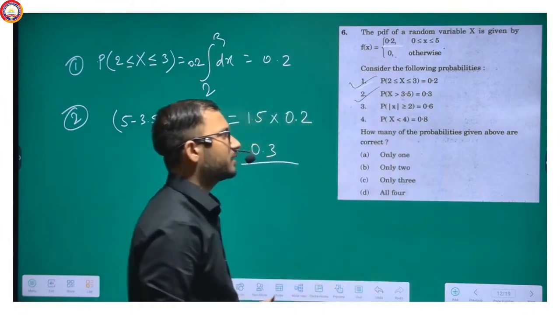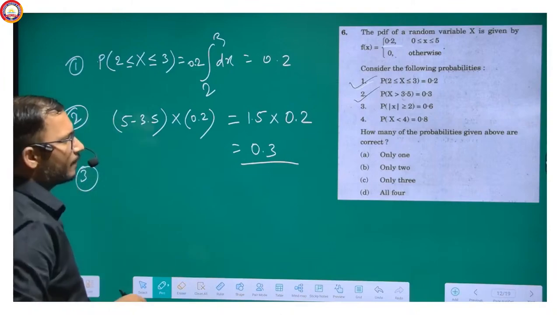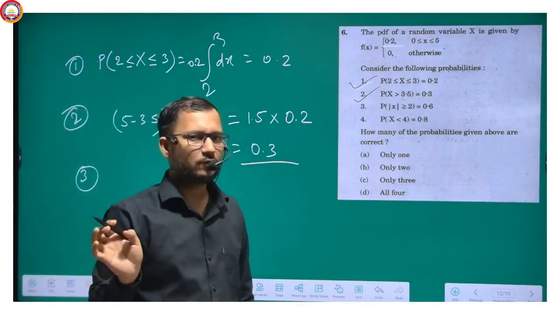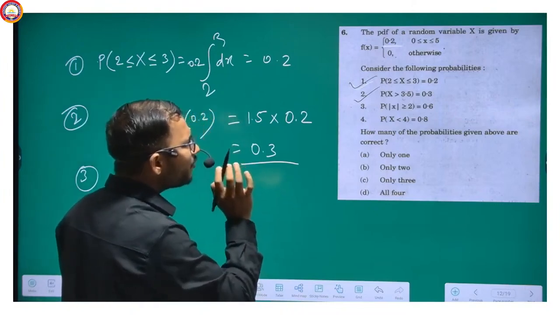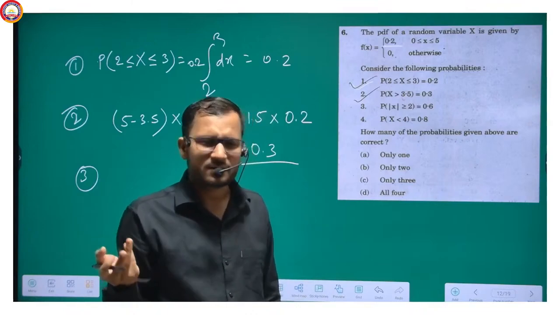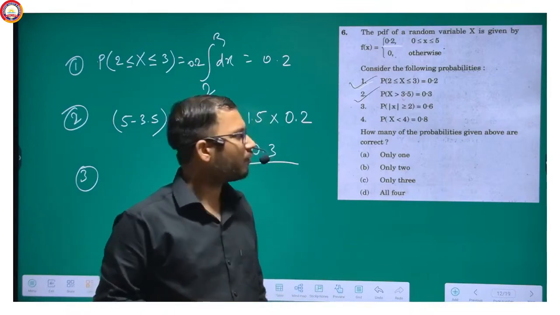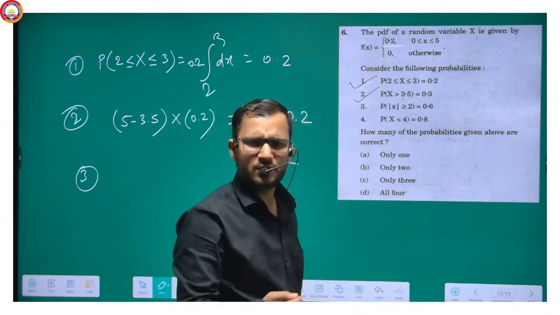Now, for the third one, probability mod x greater than or equal to 2. Why do we need mod x? It's just for the blurriness. We don't need mod x, because for x less than minus 2 there is 0 probability.